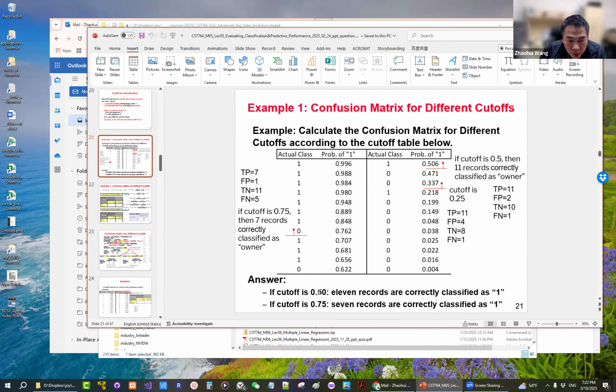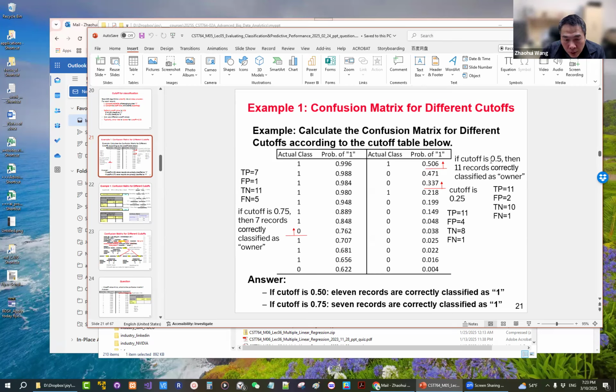The cutoff value 0.5 will be here, between 0.506 and 0.471. So we can put this cutoff line between these two values. Then we can derive the four values: true positive, true negative, false positive, and false negative.